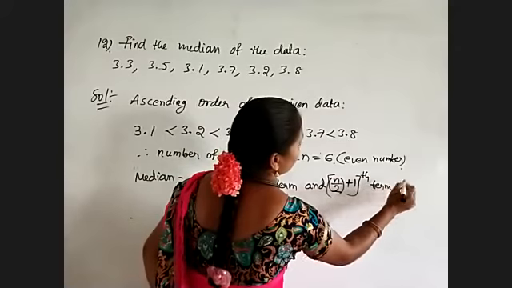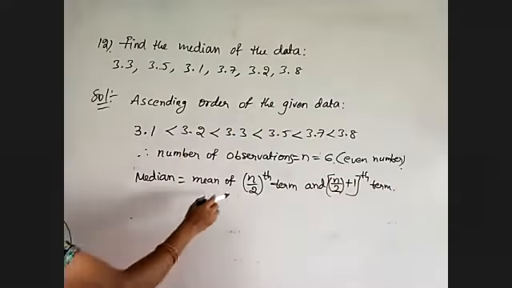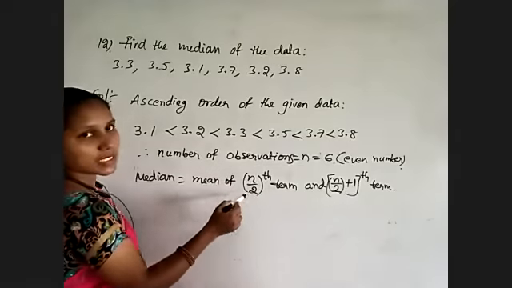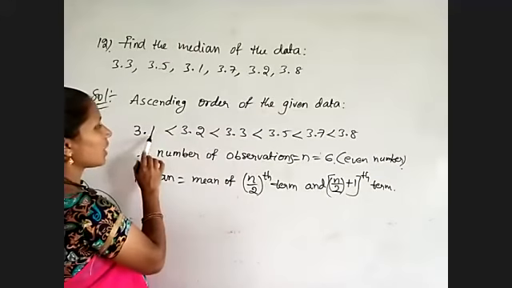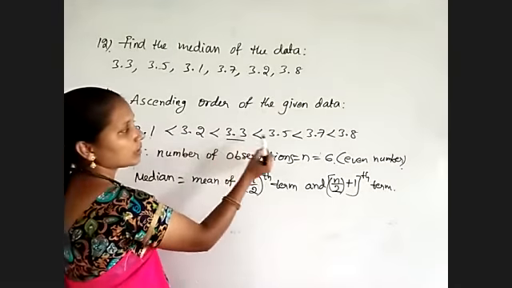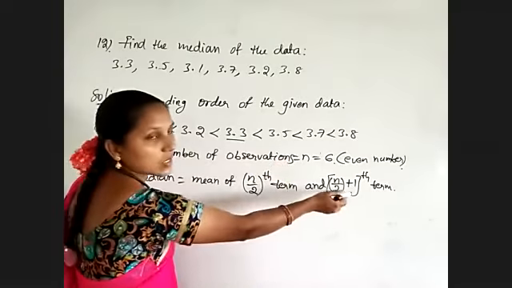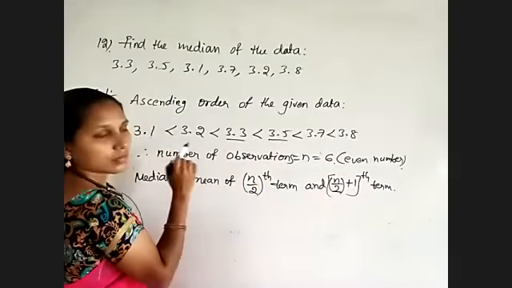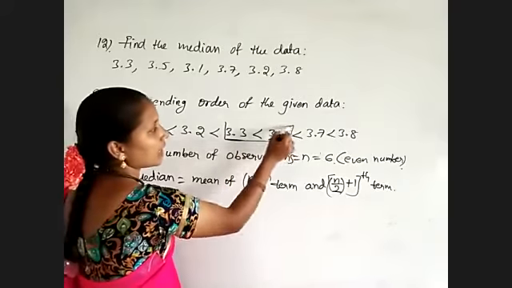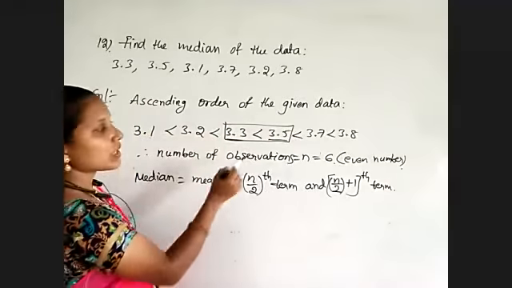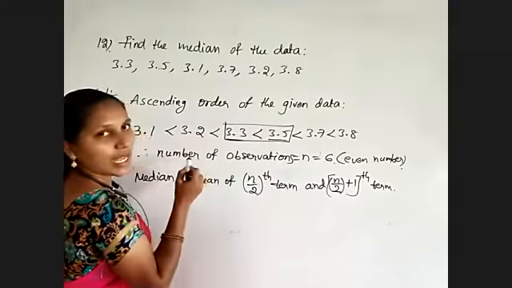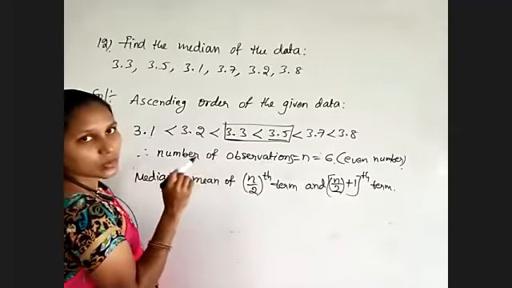That means the n value is 6. 6 by 2 means the third term, that is 1, 2, 3. Third term plus 3 plus 1, the fourth term. These two are the mid values of the given data. So we have to take the mean of these two numbers. Why? Because n equal to 6.